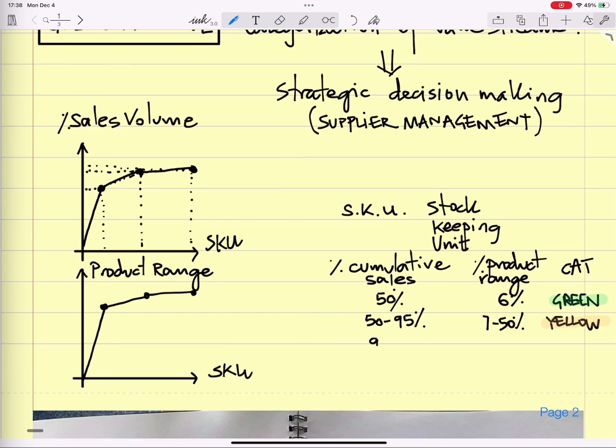Between 95% and 99% of our cumulative sales, and 51% and 70% of our product range, we call the blue value stream.